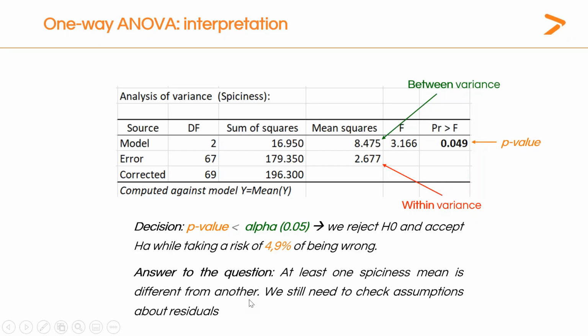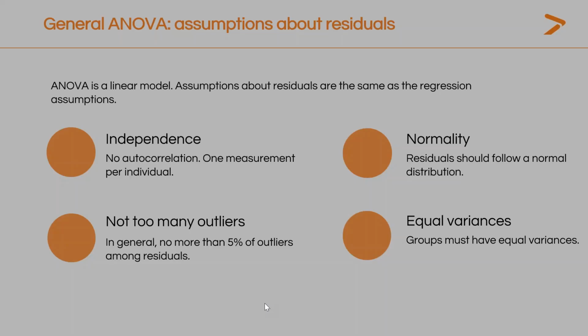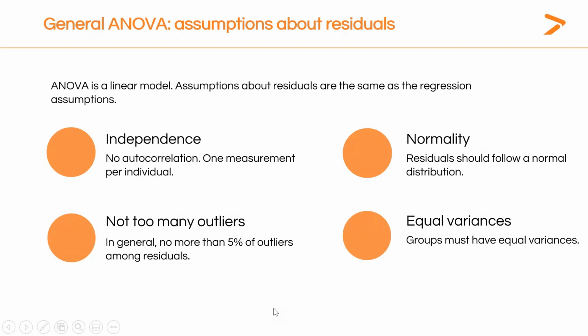So before going further, we still need to check the assumptions about residuals. This is a linear model. It's very important to do this. I remind you the assumptions about residuals we had already seen for regression. So residuals should be independent. There should be one measurement per individual.